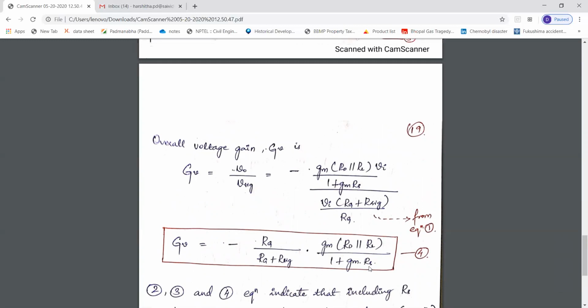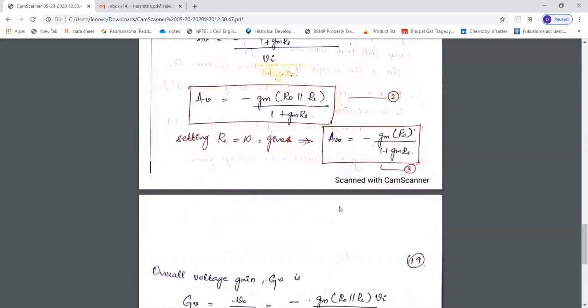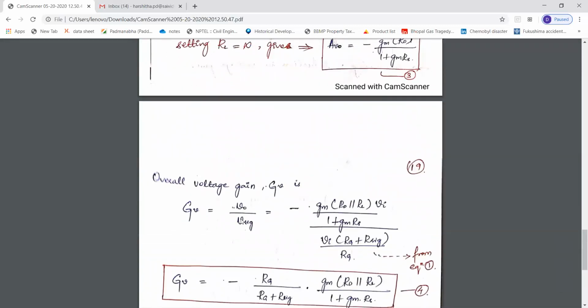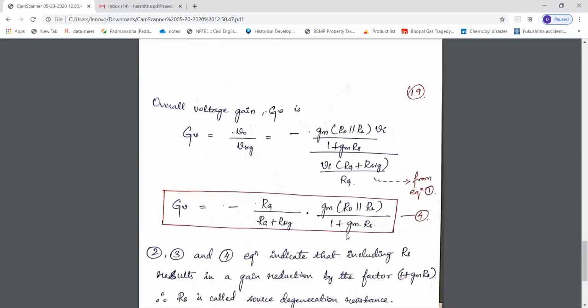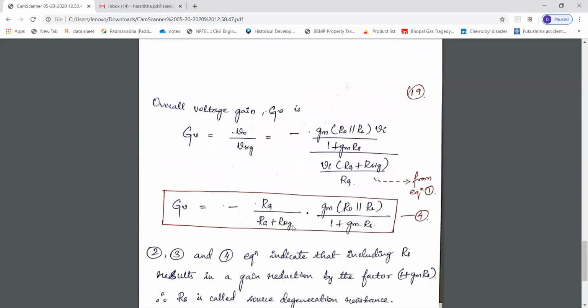The conclusion we draw from this study is that the voltage gain, the open circuit voltage gain, and the overall voltage gain are reduced by a factor of 1 plus Gm into Rs due to the addition of the source resistance. Therefore, this source resistance is also called the source degeneration resistance.